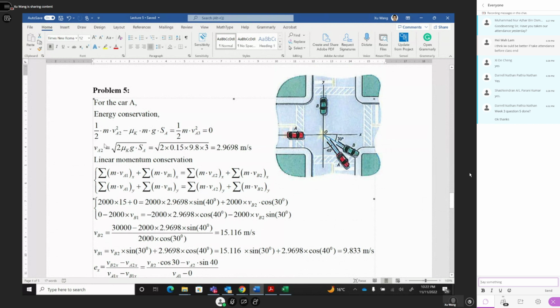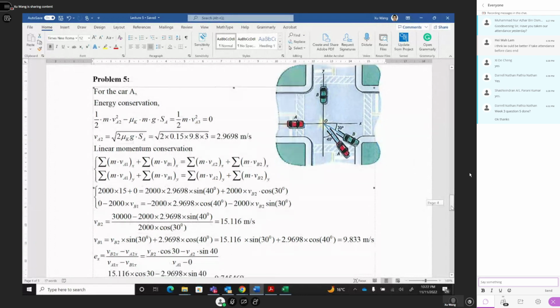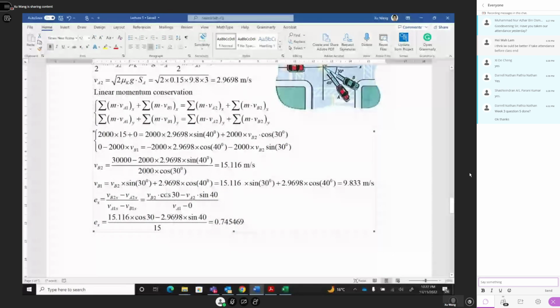Okay. After you get VA1, VA2, and this equation, you have the VA2 here, and then you can solve VB2, right? So you have VB2 and VB1, and then you use the definition of the coefficient of restitution for the x direction, and you can calculate Ex equal to 0.74.